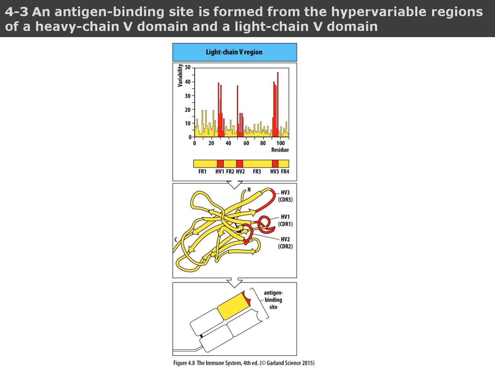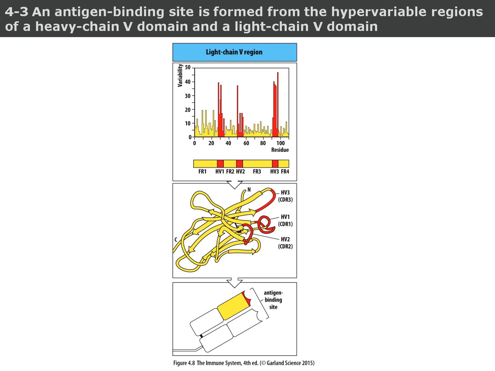Peaks in red indicate areas of high variability, known as hypervariable regions, or complementarity determining regions, CDRs. These include HV1, HV2, and HV3. Between the hypervariable regions are more conserved framework regions, labeled FR1 through FR4, shown in yellow. These framework regions serve as a structural scaffold that supports the hypervariable loops.